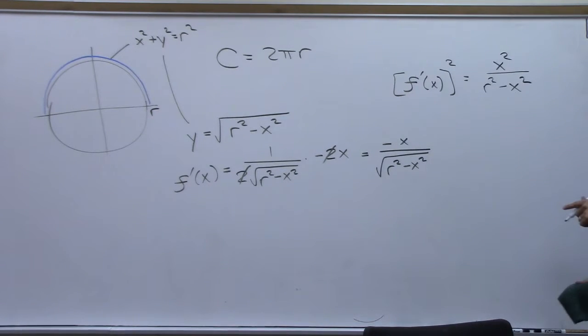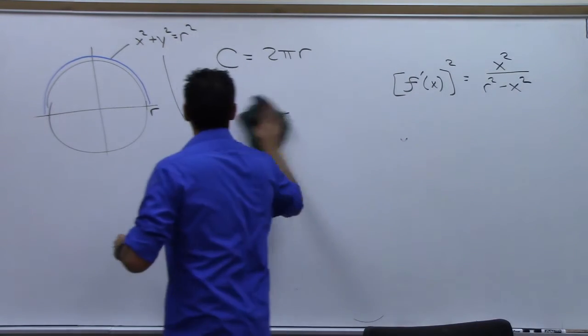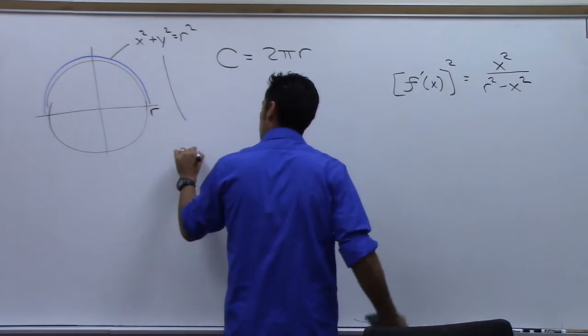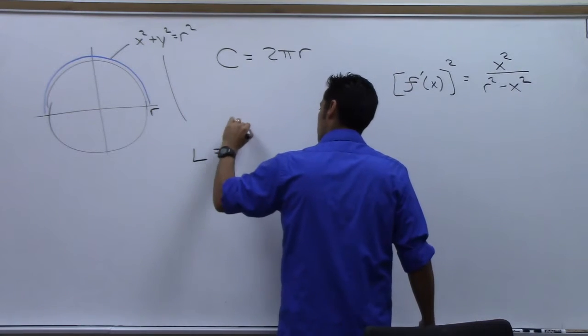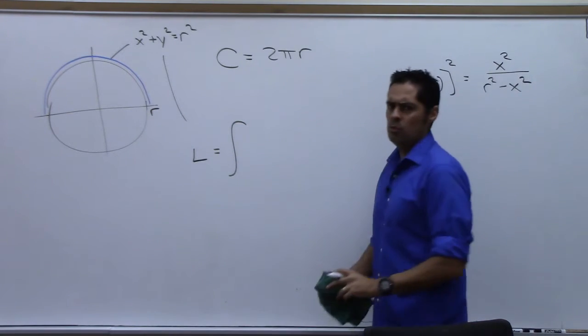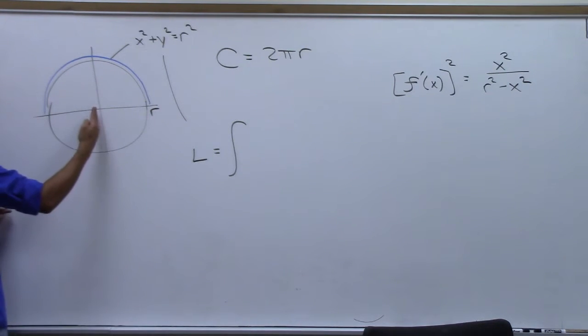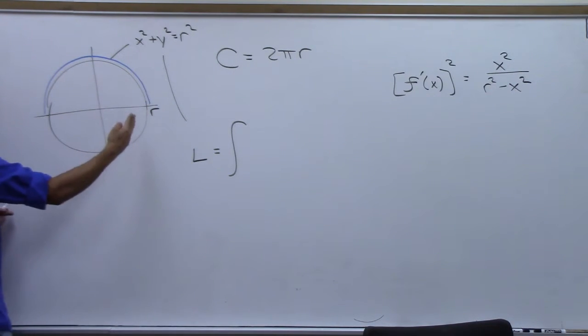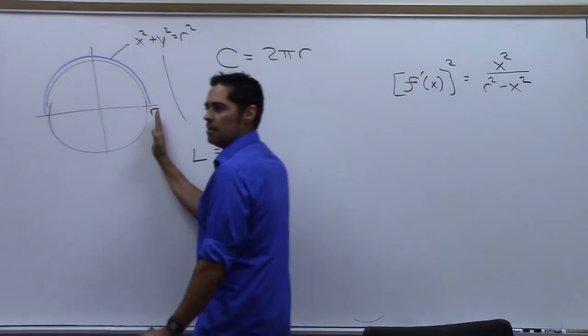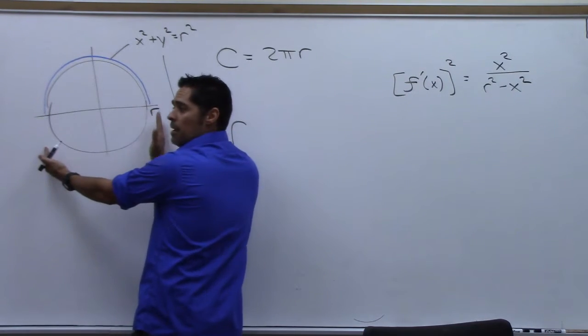Now let's go to the formula for the arc length of the curve. The length of that blue piece is going to be the integral from, how far are we going out? The radius, right? From the negative radius to the positive radius.